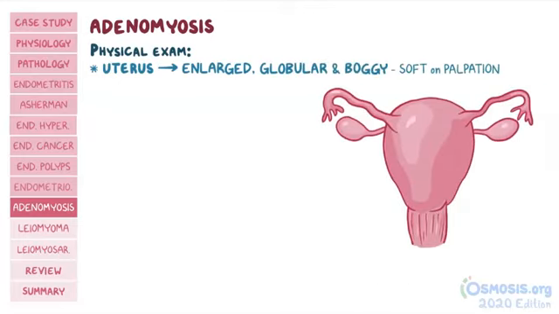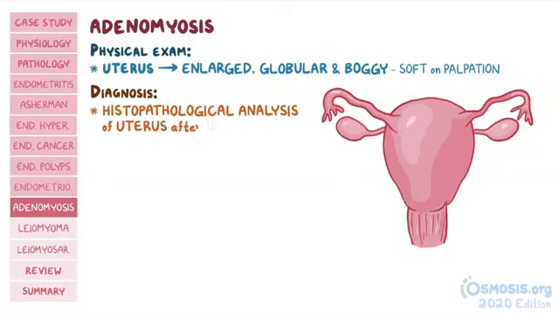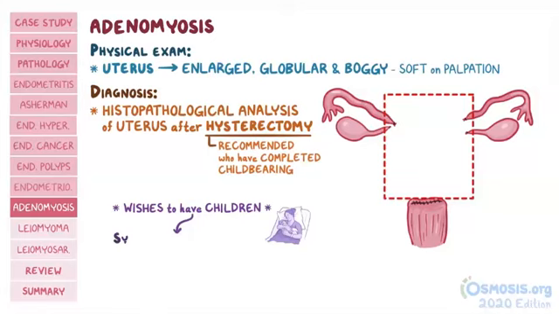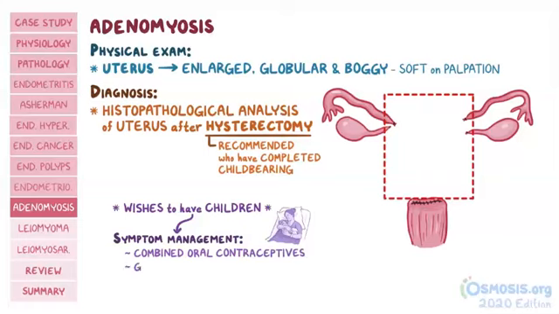Another tricky thing is that the only definitive diagnosis for adenomyosis is histopathological analysis of the uterus after hysterectomy. However, hysterectomy is only recommended in individuals who have completed childbearing. If the individual wishes to have children in the future, symptoms are usually managed with hormonal medication, like combined oral contraceptives and gonadotropin-releasing hormone modulators.